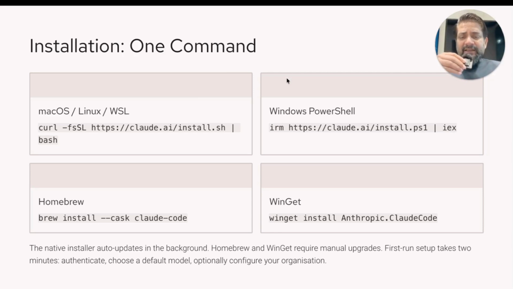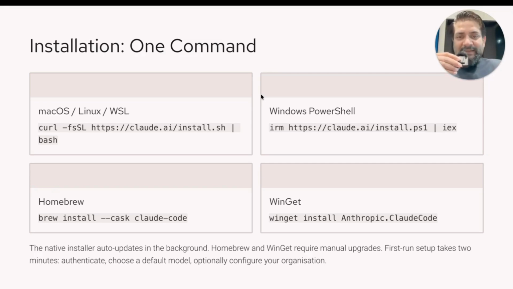Now that gives you the claude command anywhere on your system. The native installer auto updates in the background, so you stay current without lifting a finger. Homebrew and Winget installs require manual upgrades. Brew upgrade claude-code or winget upgrade anthropic.claude-code, but otherwise works the same.